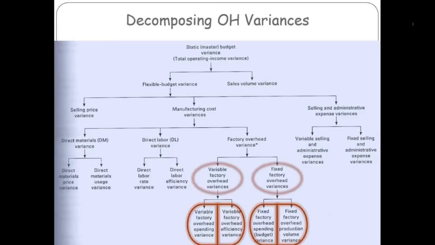And for each, they would have a spending and an efficiency or a production basis. And remember, we've already talked about applying your costs. Application is different than variance, and we'll talk about that.